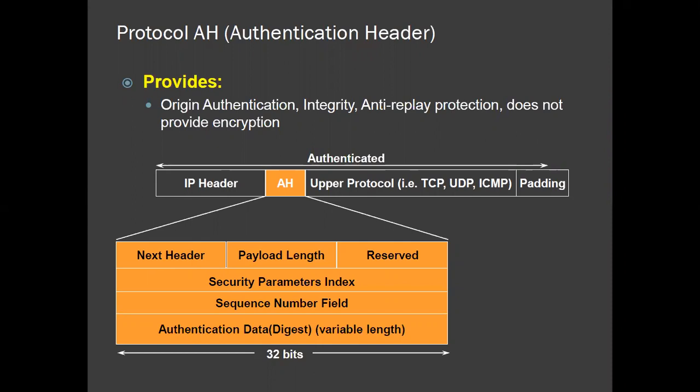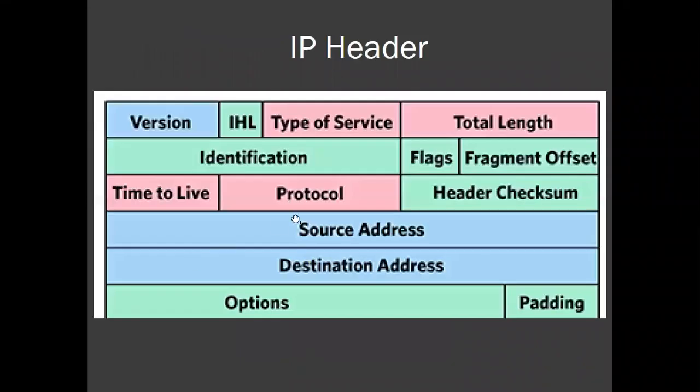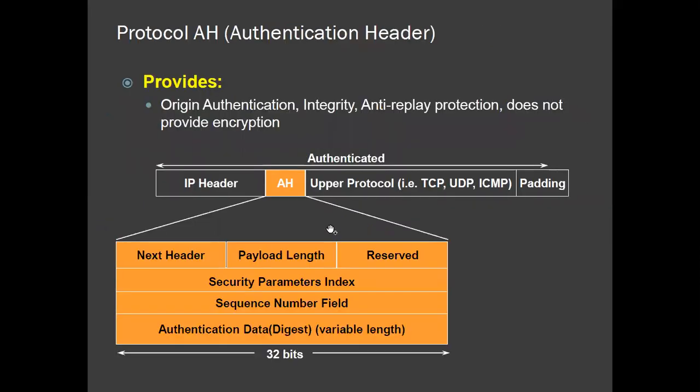That value gives the information about which upper layer payload it is carrying, whether TCP, UDP or ICMP. That value is copied here, and the protocol field is replaced with the value 51, which indicates that the authentication header is being carried. Now the next field here is the payload length.